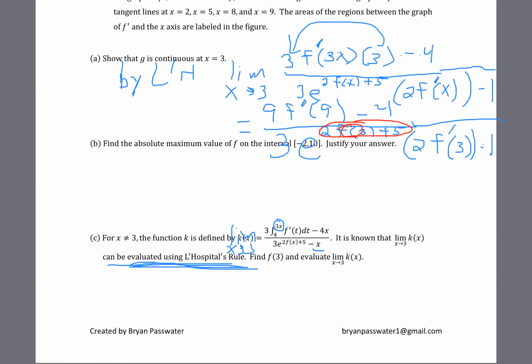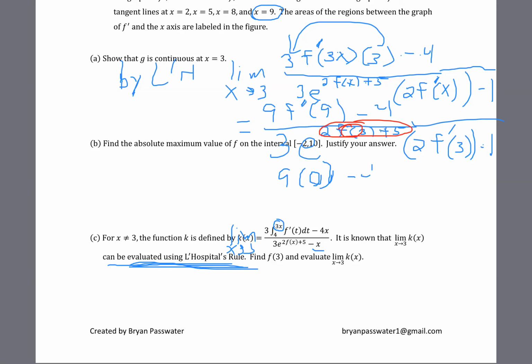And then f prime of 9, we have to get from the graph up at the top. The graph at the top, this x equals 9 tells me that that's a tangent line, and you should be able to tell that that's hitting the x-axis. So that's going to be 0, because that is the f prime graph at the top, and the y value there at 9 is 0.